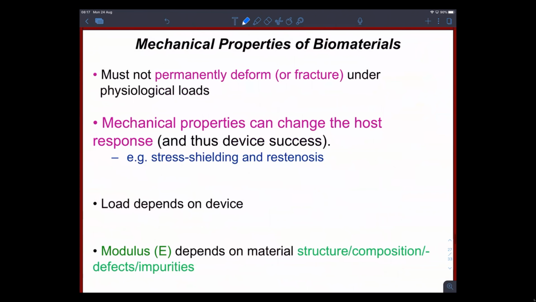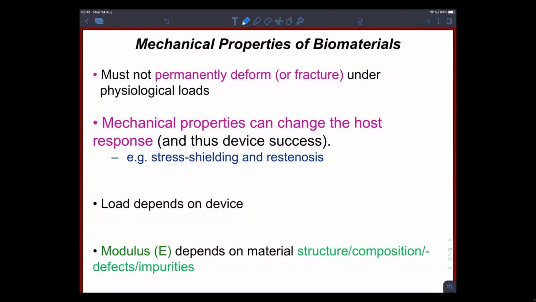So some of the important factors, or certainly mechanical properties of biomaterials, is that we don't want them to permanently deform or fracture under physiological loads. And the mechanical properties can change the host response and device success. So you may have come across this before. I think most people that have done this class have come across stress shielding and restenosis.